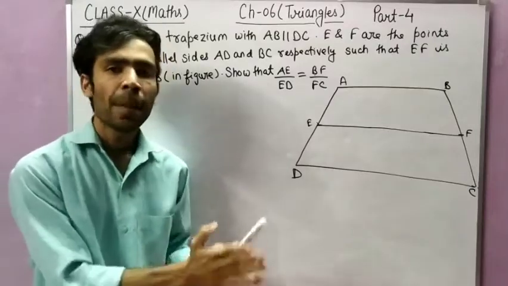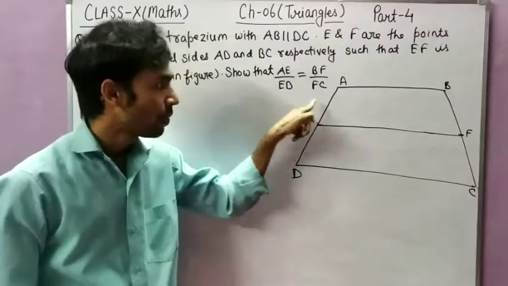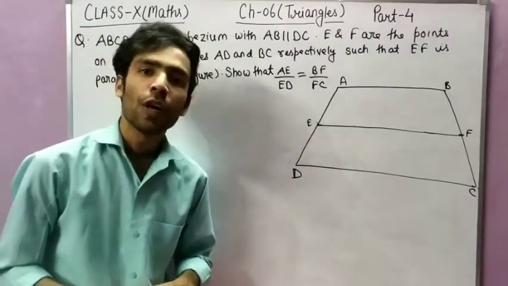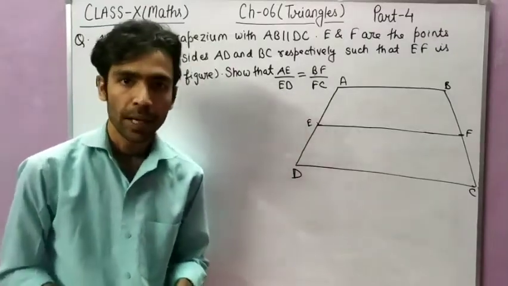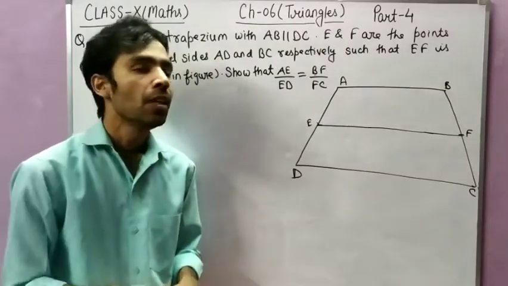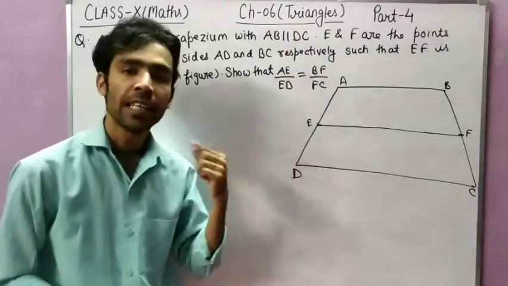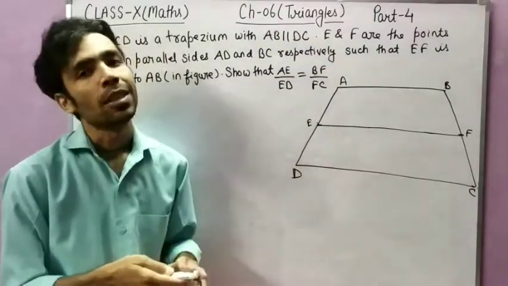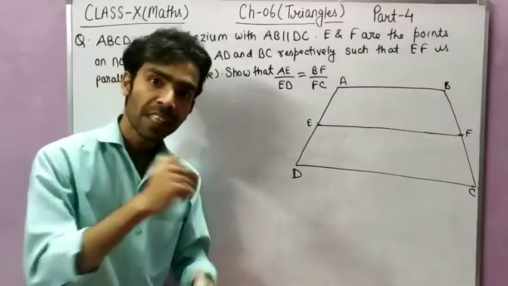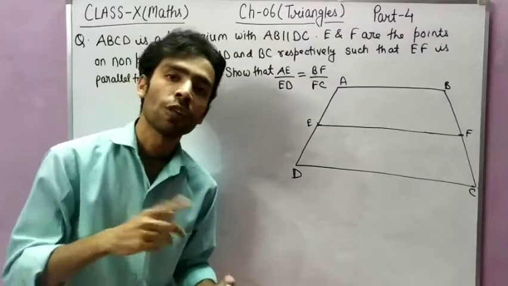Whenever a parallel is given and you have to prove the ratio, you apply Thales theorem. And when the ratio is given and you have to prove parallel, you use the converse of Thales theorem.